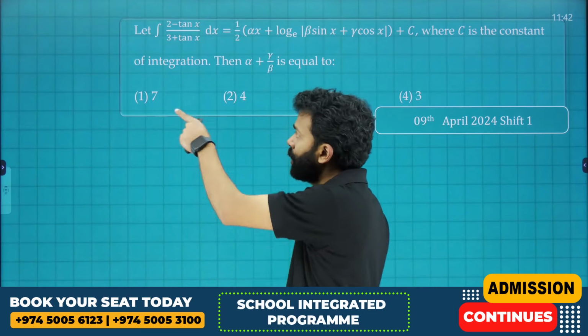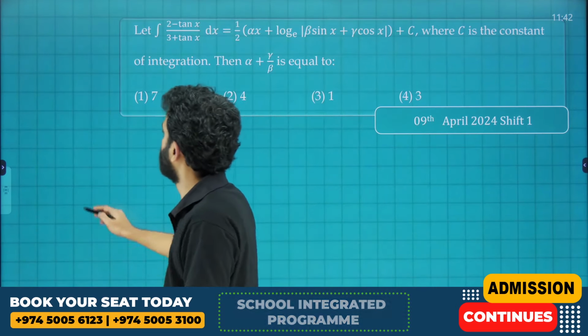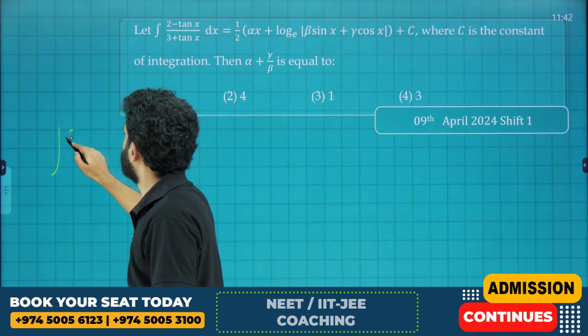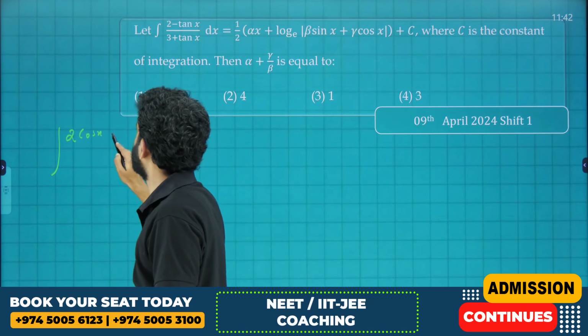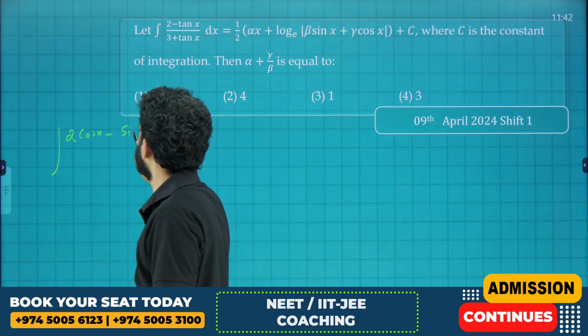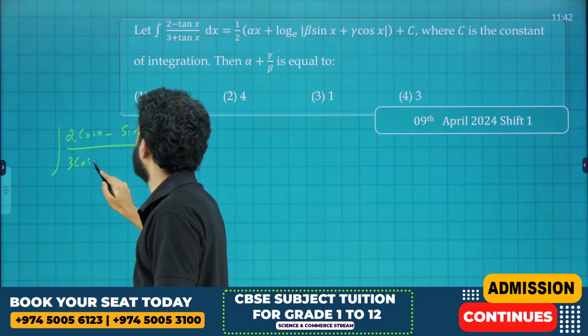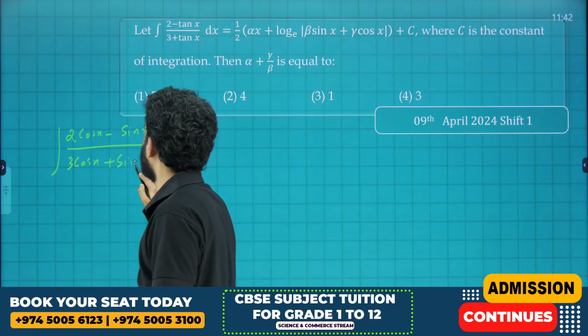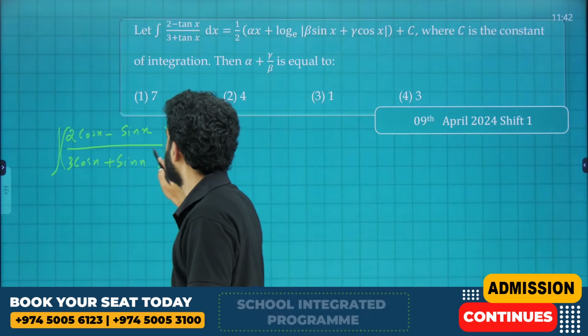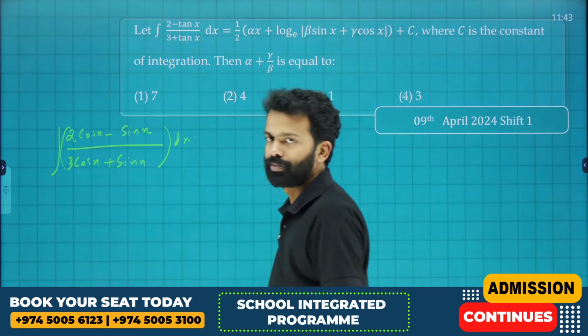Just tell me the answer by cross multiplication. It will be (2 cos x minus sin x) divided by (3 cos x plus sin x) into dx.